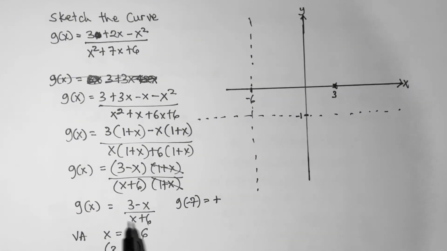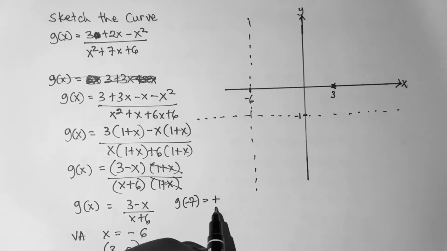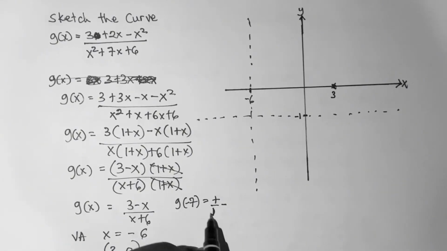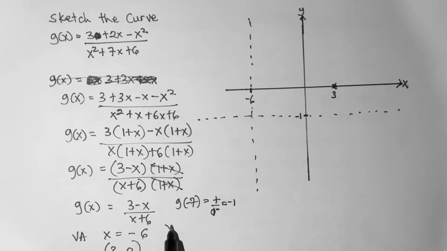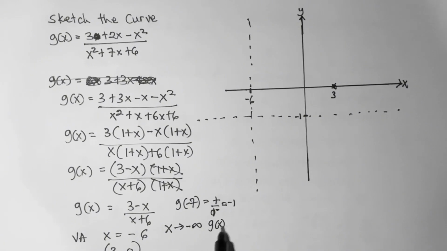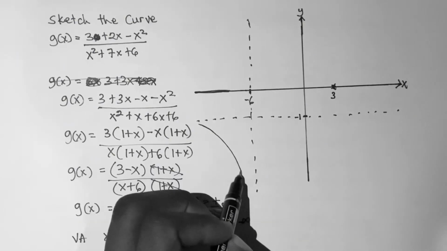And then minus 7 plus 6 will give us a negative number. So the result is a negative number. So what it means is that as x approaches minus infinity, g of x also approaches minus infinity. So the nature of the curve in this region will look like this.